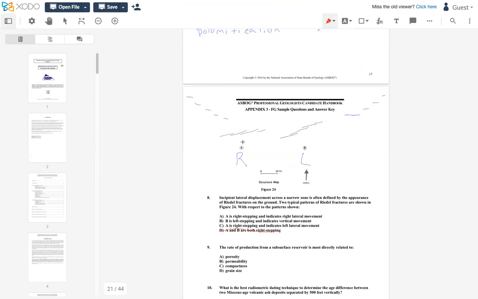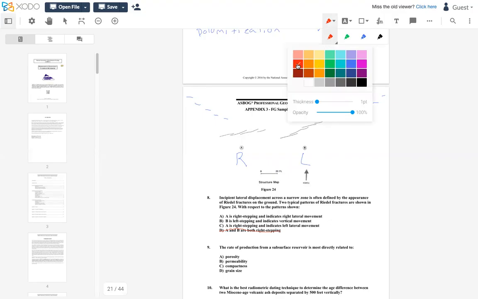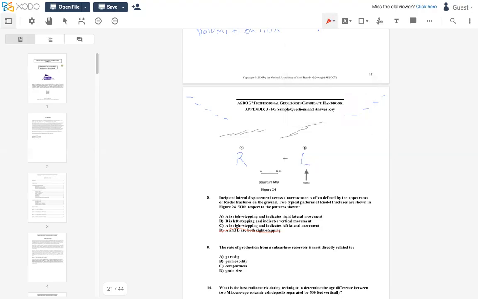A is right stepping, that's true. It indicates right lateral movement. So that is wrong. And the reason that's wrong is because Riedel fractures indicate relative movement. So Riedel shear faults step in the opposite direction of the sense of movement.